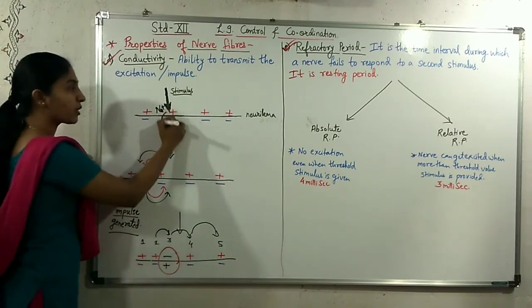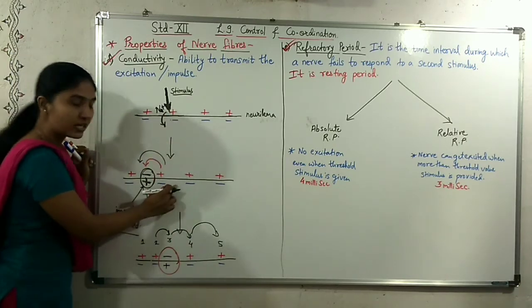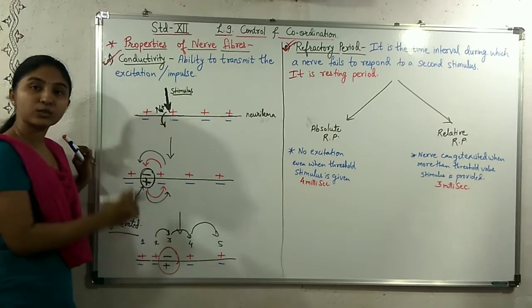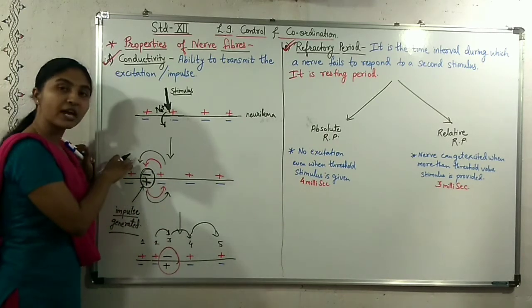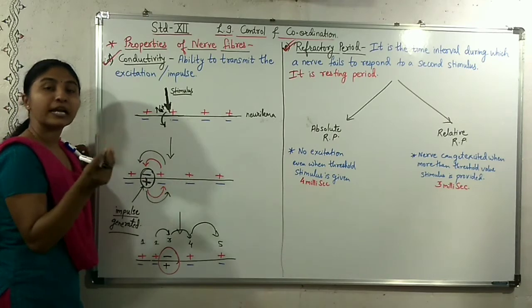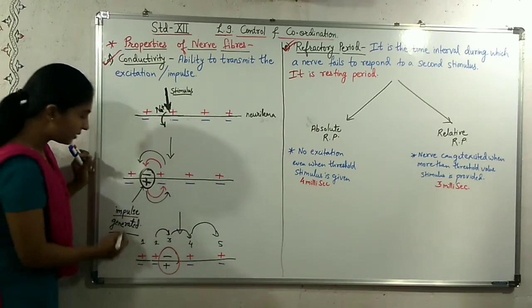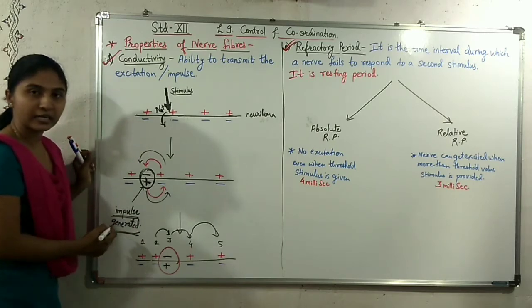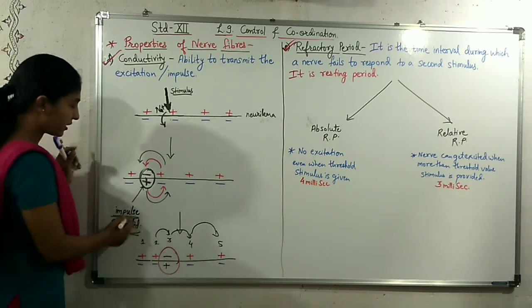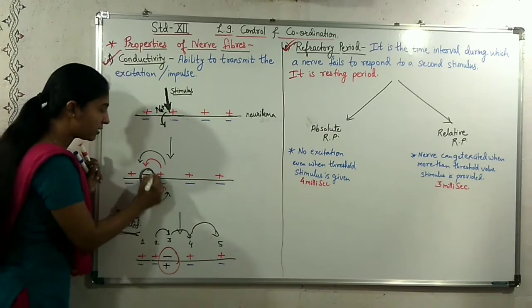So the inner side became electropositive, whereas the outer side became electronegative. This was the place where the impulse was generated.